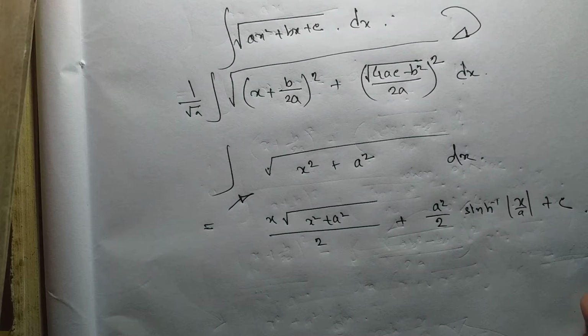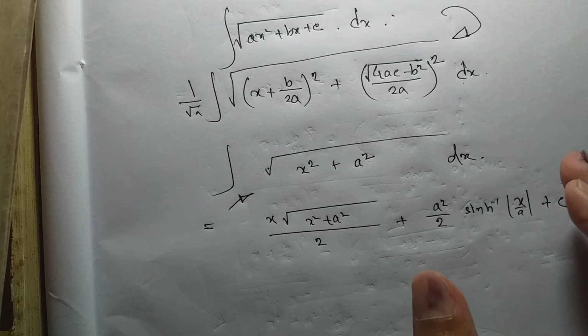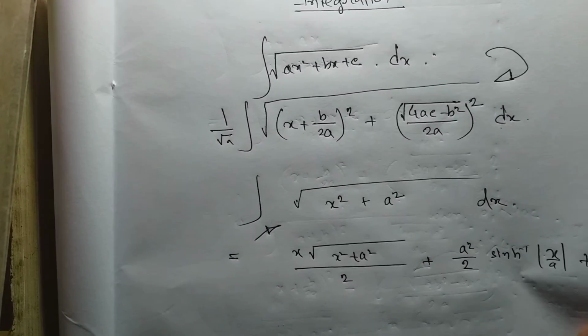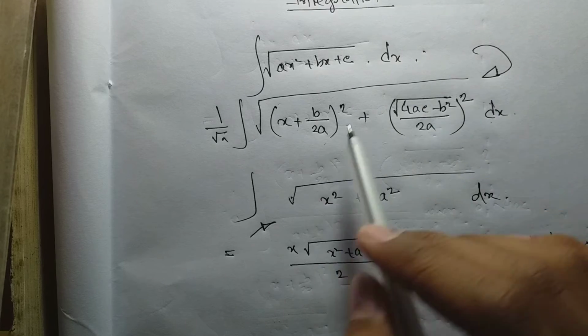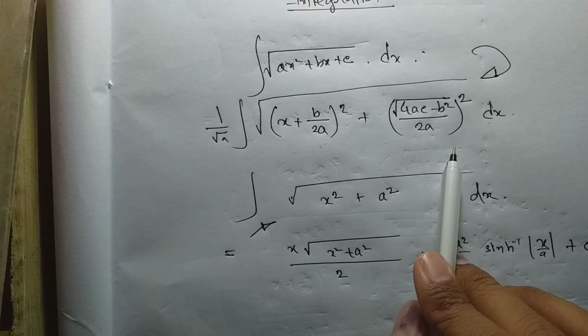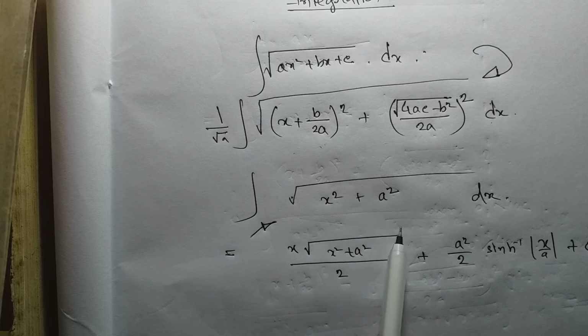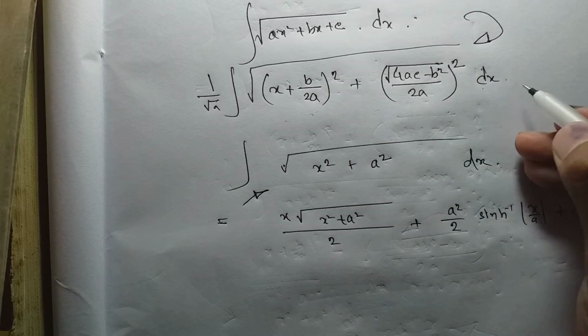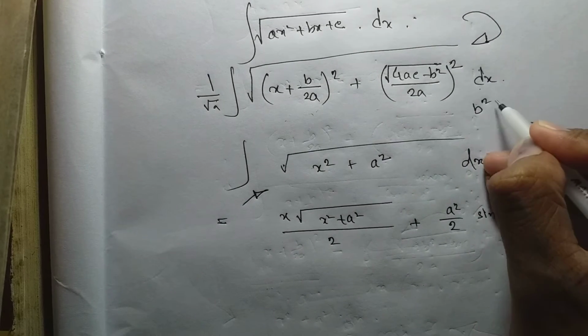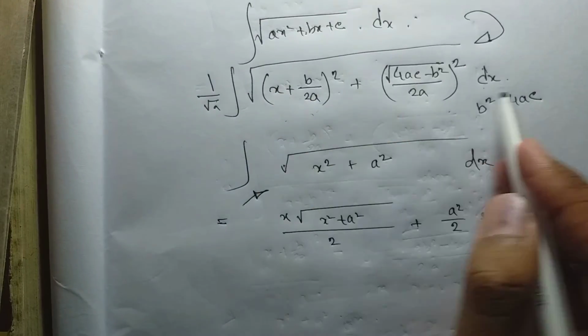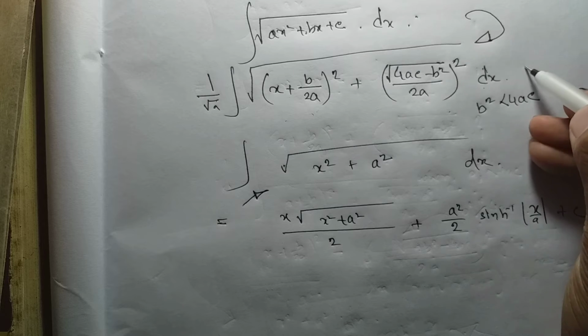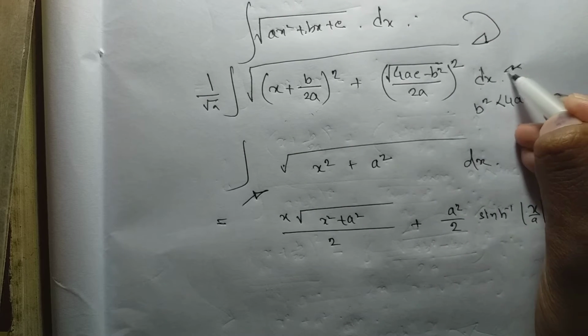So for any quadratic under a root, we can convert it like this and apply the formula for x squared plus a squared. This is applicable only when b squared is less than 4ac.